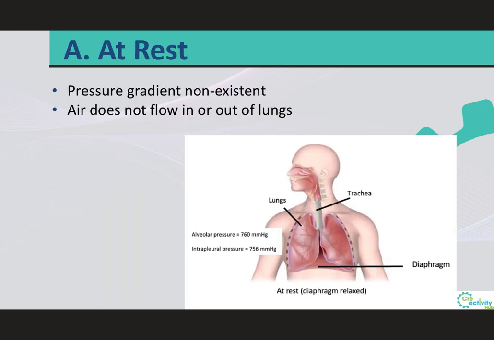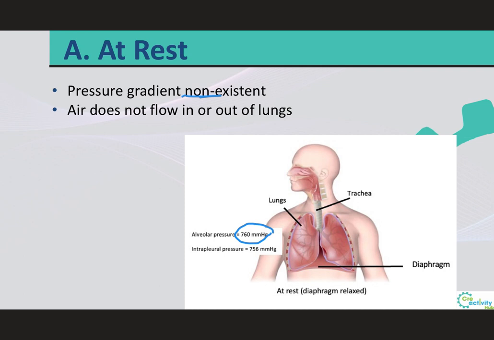So just to recap, here we have a breathing at rest, which, like I said, is a very brief phase. And notice how the alveolar pressure is 760 millimeters of mercury, which is the same as the atmospheric pressure. So there's no gradient or pressure gradient, and therefore the air will not move.